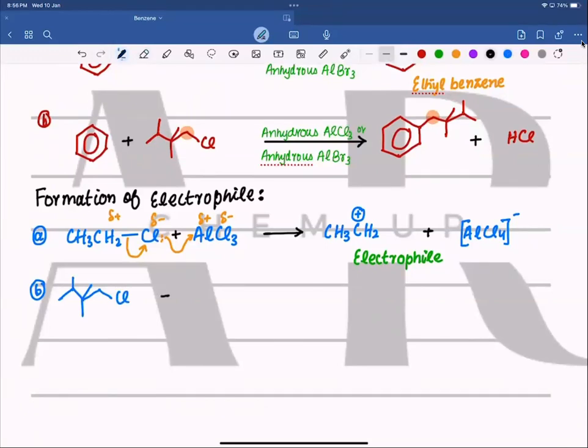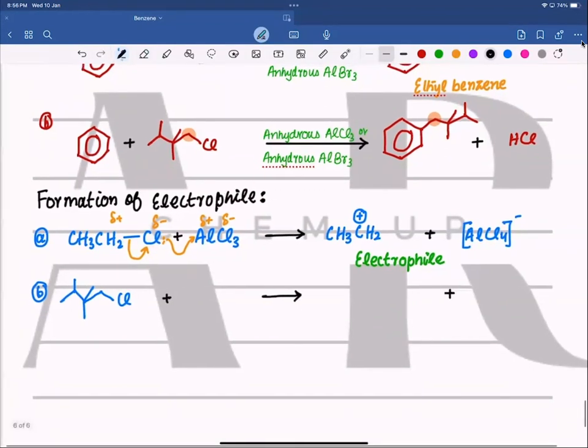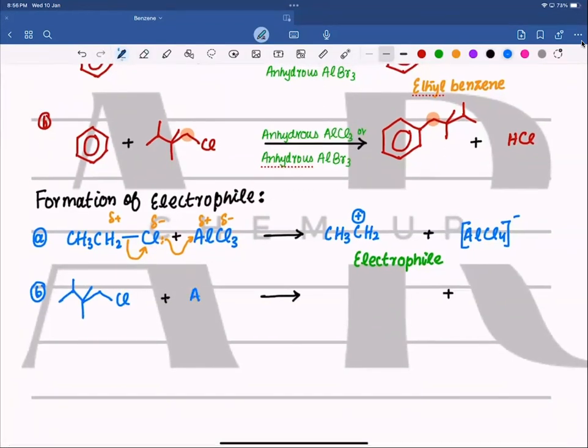So this alkyl halide also reacts with the anhydrous aluminium chloride in the same way, by forming a dative bond from its lone pair and breaking the bond with the carbon heterolytically, taking the electron of the carbon as well.